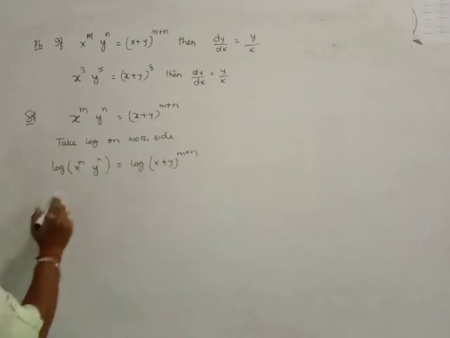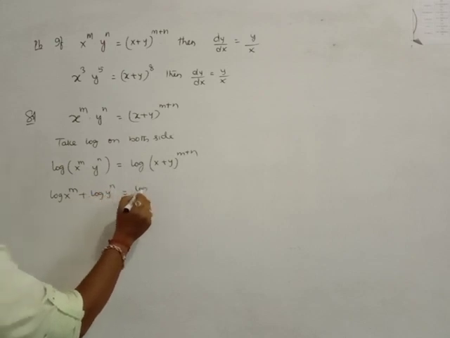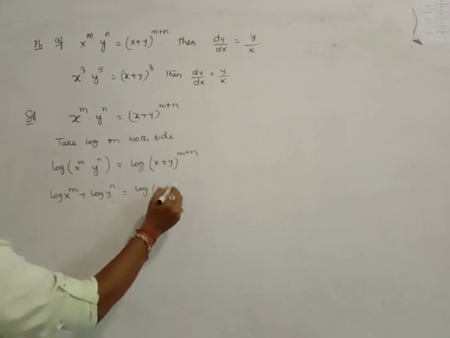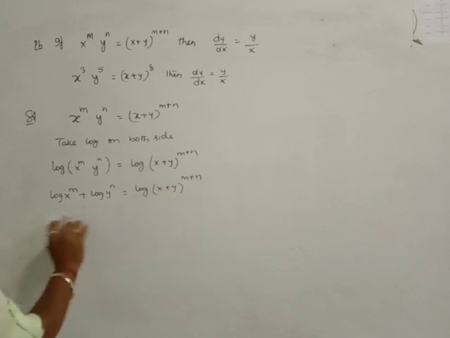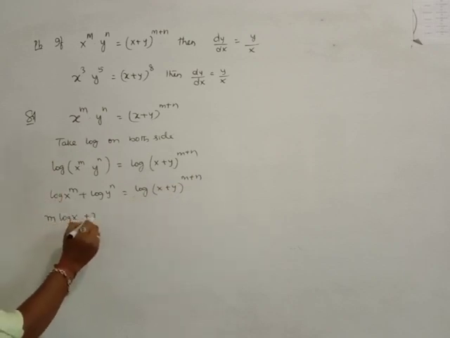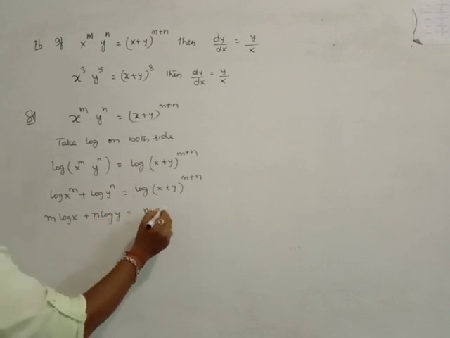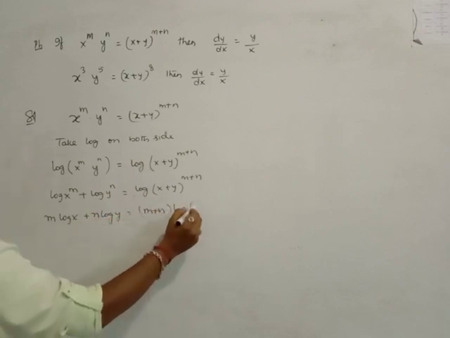Using log ab is equal to log a plus log b, and log of a power of m, we get m into log x plus n into log y is equal to (m plus n) into log of (x plus y).